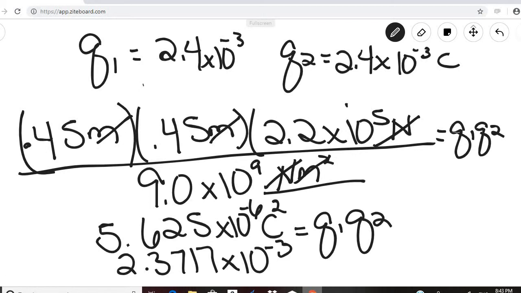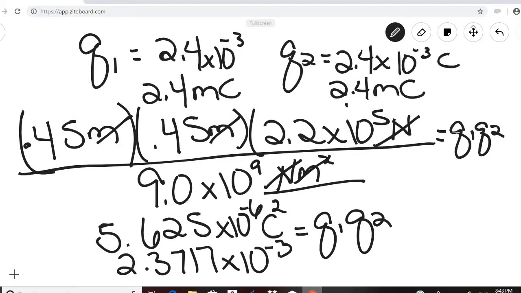So you could also say that it's 2.4 millicoulombs. Okay, so that is question number 3. Number 4 gives us 3 charges that are arranged in this way.